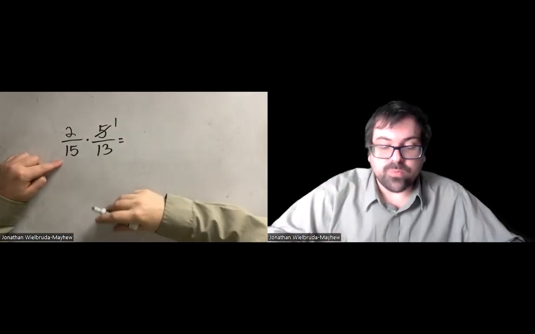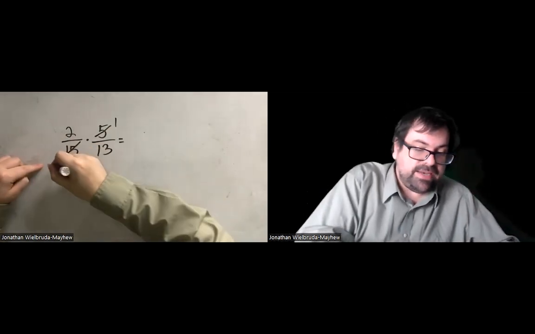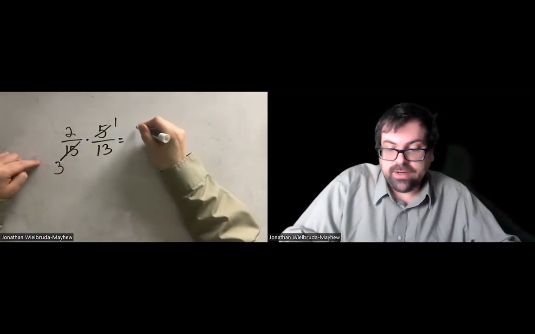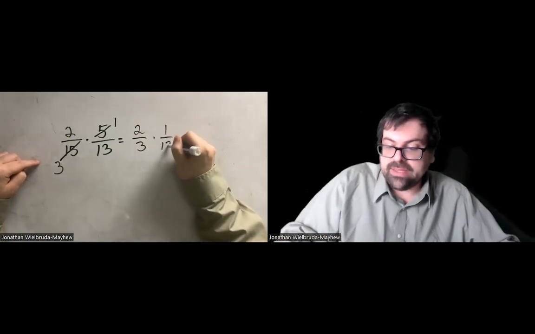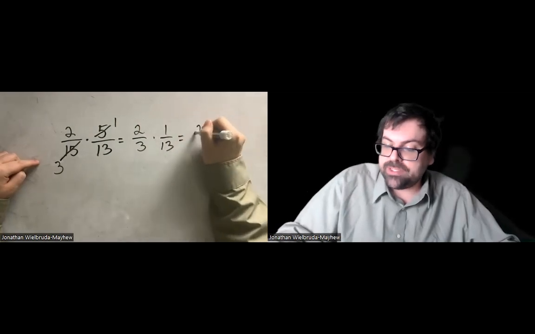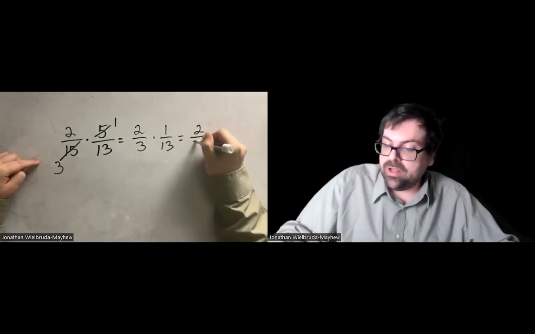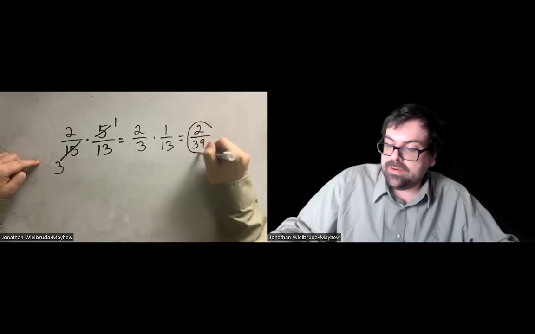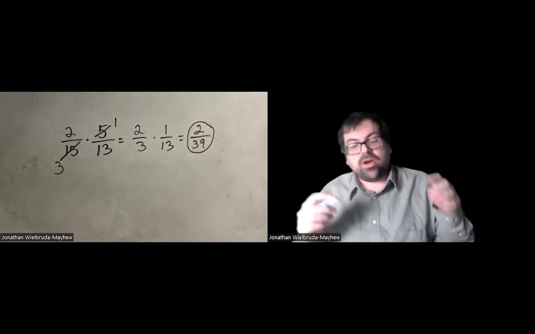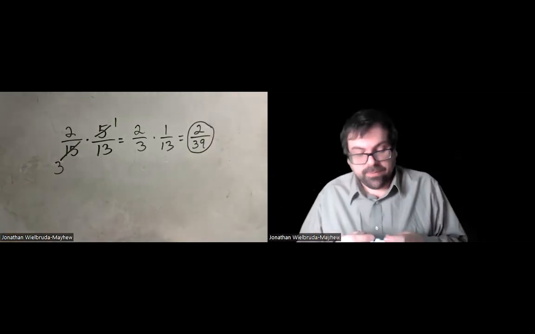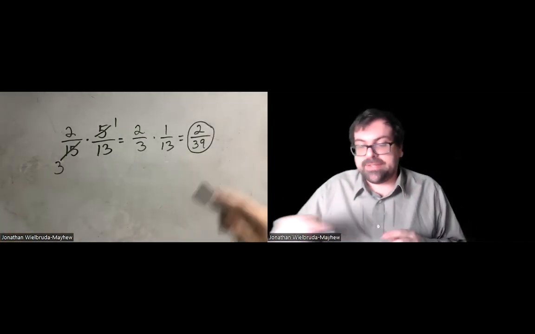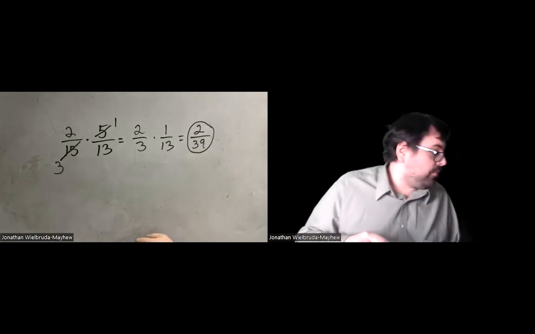So let's go ahead and divide both of these by 5. 5 divided by 5 is 1. 15 divided by 5 is 3. That changes this to 2/3 times 1/13. 2 times 1 is 2. 3 times 13 is 39. As long as we cancel completely, our answer won't need to be reduced. 2/39 is already reduced as far as it can go.